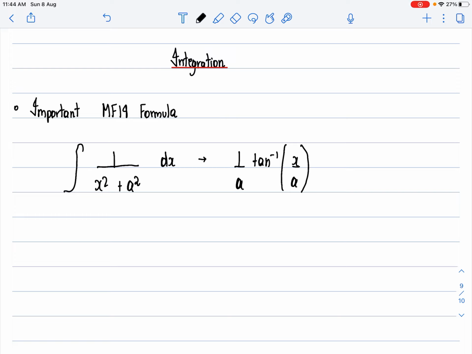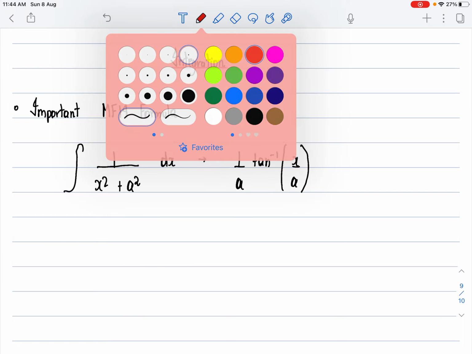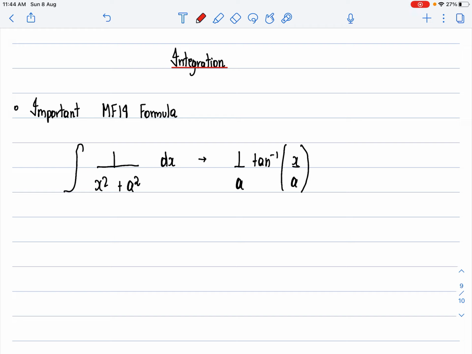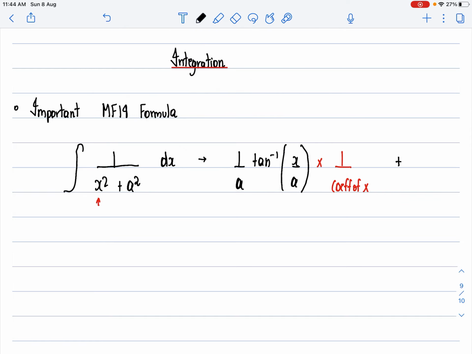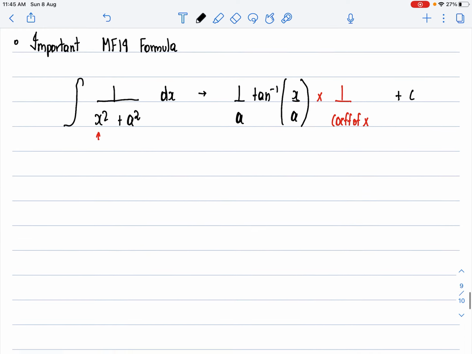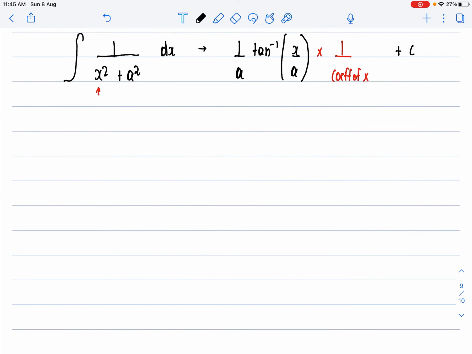Sometimes you get a coefficient of x here. So you multiply it by 1 over the coefficient of x, correct? And then you add a c. So this is basically the formula which you need to remember. It's there in the MF19, but still it's better if you remember it. So now let's do some examples.